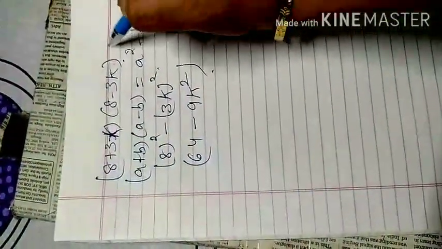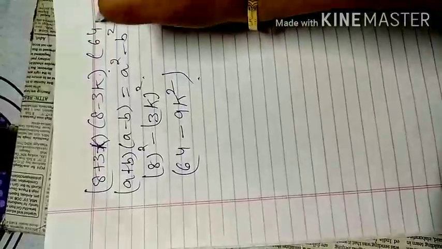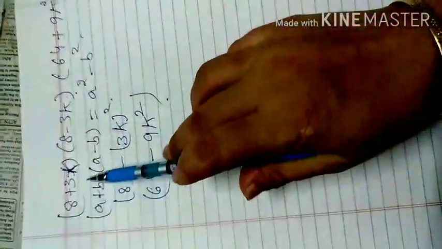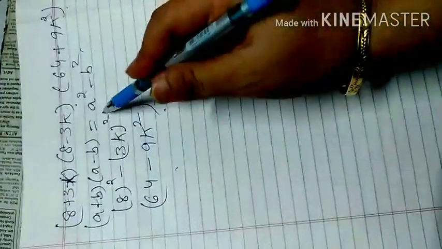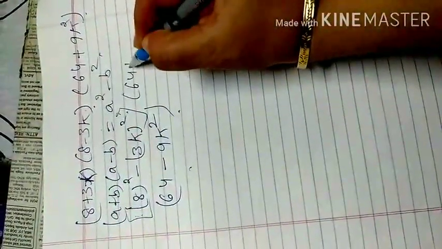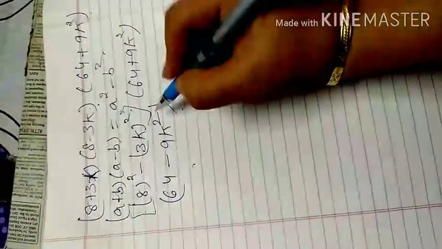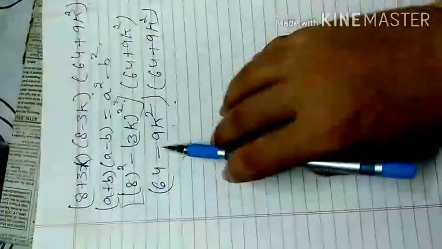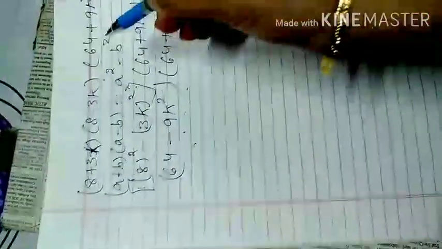Suppose I have another term here, 64 plus 9k square. Okay, so how do you go about it, first I will solve these like terms, I got the answer here. Okay, so another term we will write with that, 64 plus 9k square and 64 plus 9k square. If you look again, this will be the same term, one is positive, one is negative.